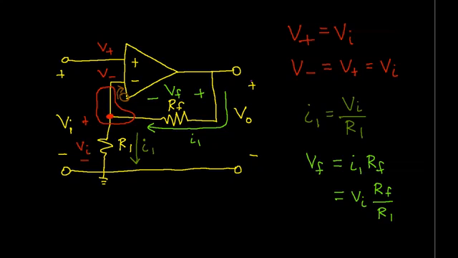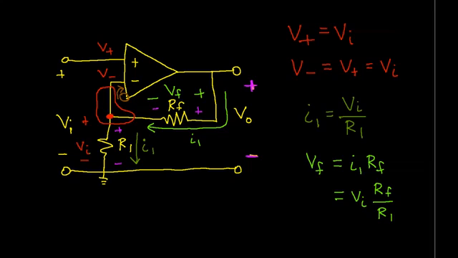The voltage at the output, V0, if you look at the way V0 is set up, it's the voltage across RF plus the voltage across R1.